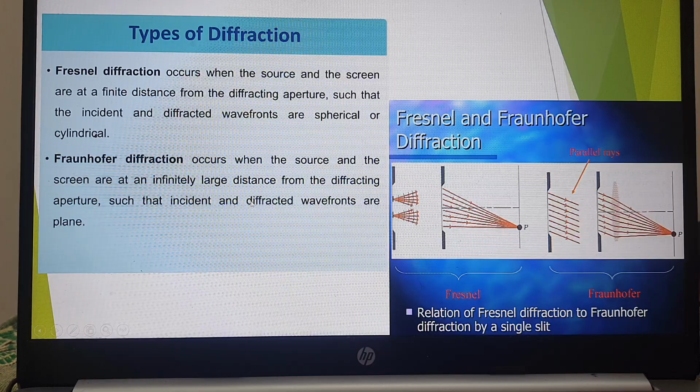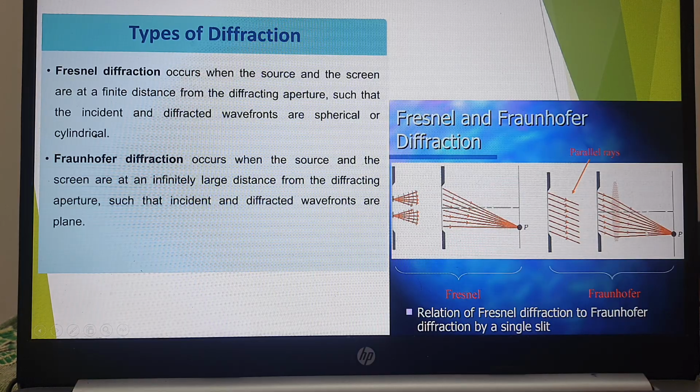And coming to Fraunhofer diffraction, it occurs when the source and the screen are at an infinitely large distance from the diffraction aperture, such that the incident and diffracted wavefronts are plane. In the diagram we can see parallel rays, and the distance from slit to screen is infinite.